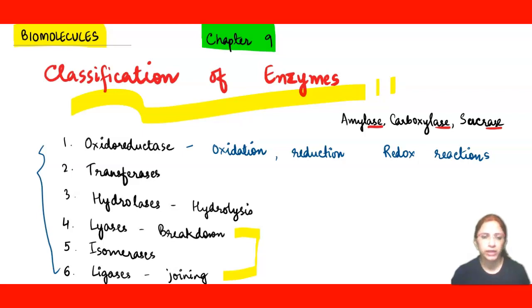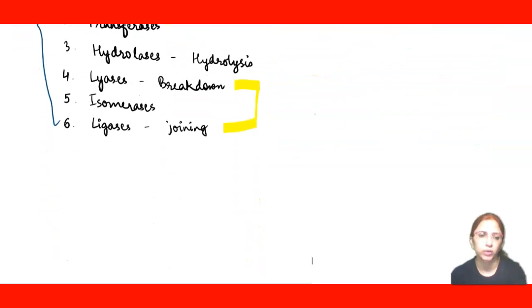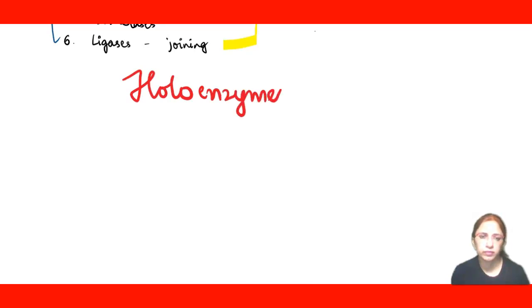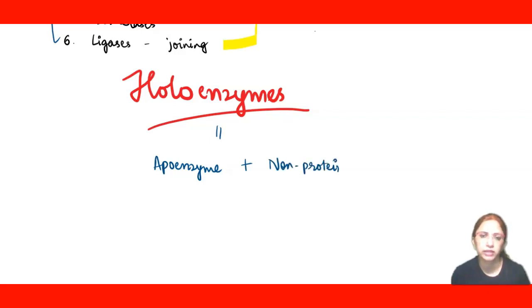Okay, now let's move on to the holoenzymes. What are holoenzymes? Now, holoenzymes are a special category of the enzymes which are formed by the union of apoenzyme plus a non-protein part, which is very much required, otherwise they will not function.